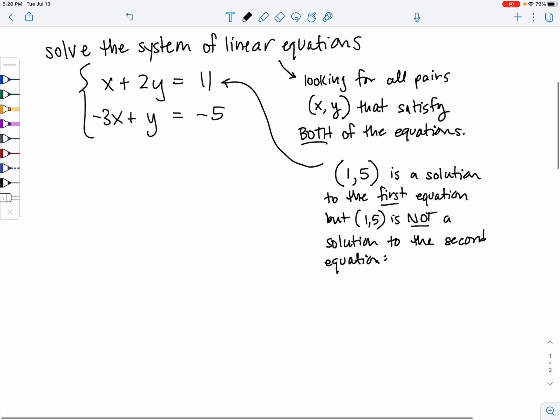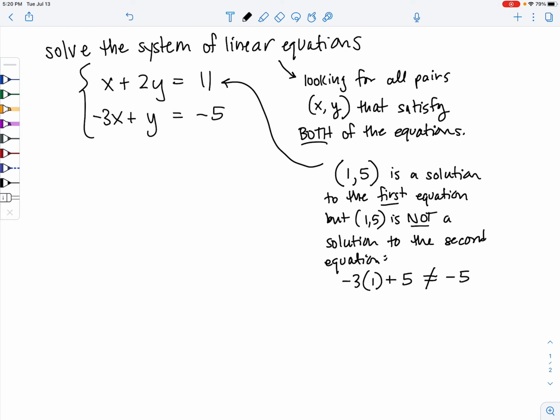Because if I put 1 in for x, I would have negative 3 times 1. And if I put 5 in for y, I would have 5 there. And that is not the same as negative 5. Right? So I was just picking something that is a solution to the first one, but is not a solution to the second.